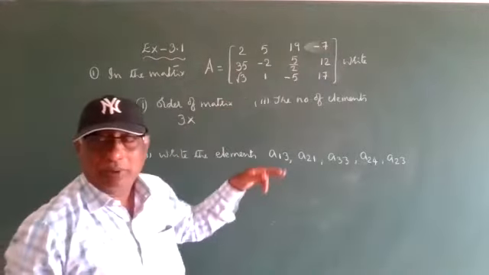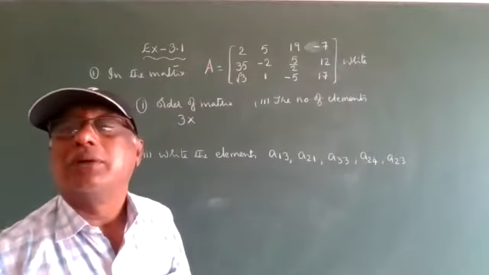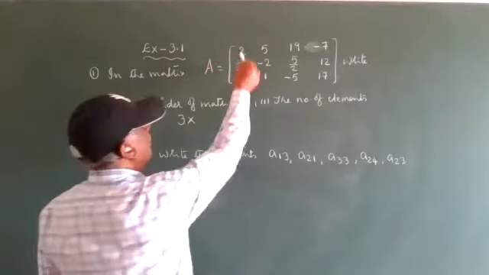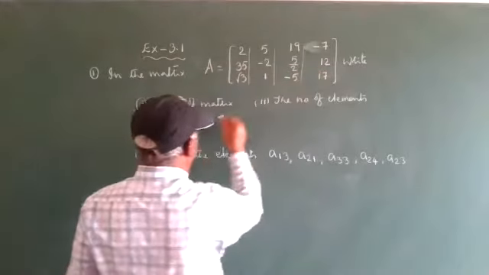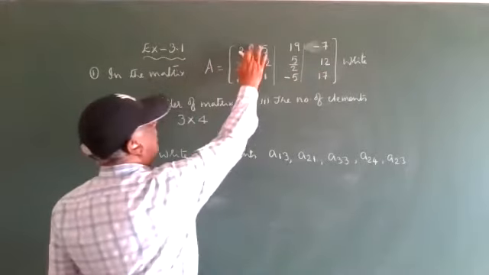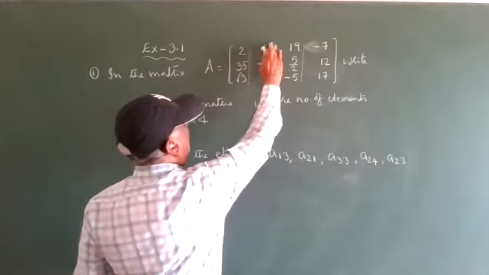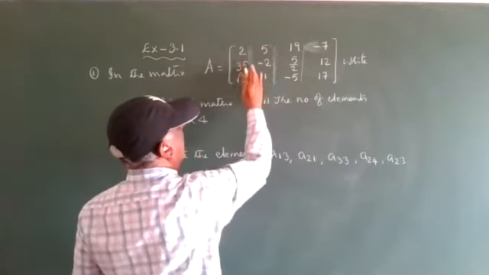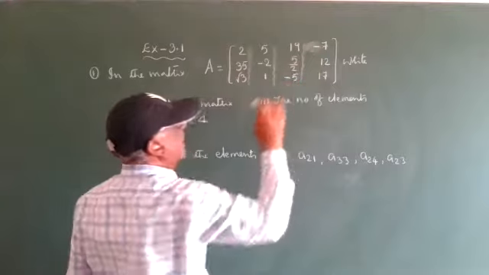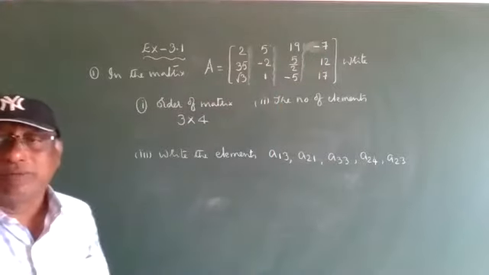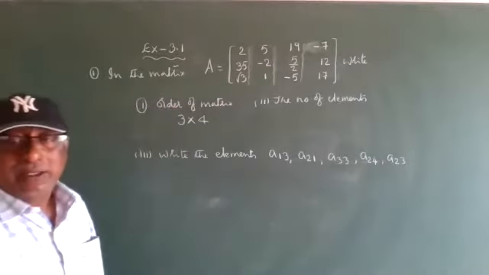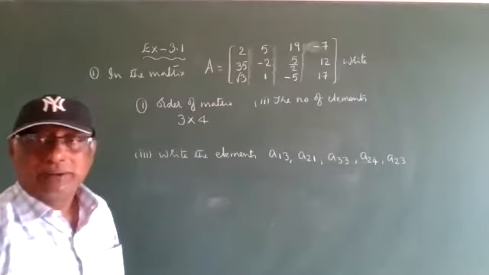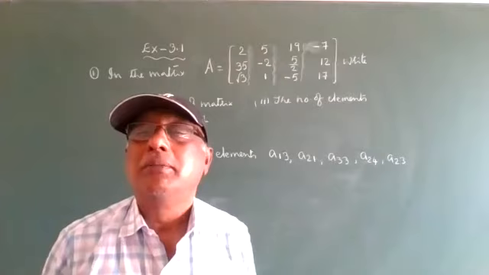Now count the vertical lines: 1, 2, 3, 4. So 3 by 4. 3 rows and 4 columns is the order. Is it clear, everyone? Baswaraj, clear?